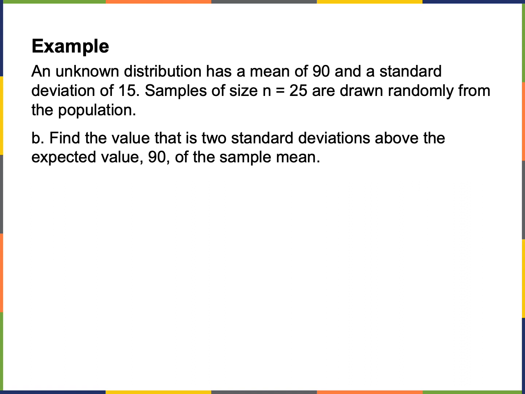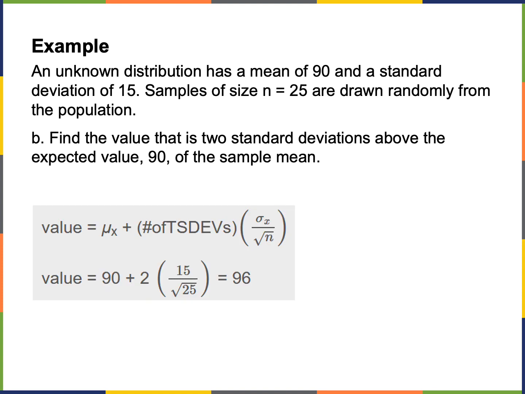So we're going to be using, usually we do the mean plus the number of standard deviations times whatever the standard deviation is. But in this case, because we're talking about sample means, our new standard deviation, you can think of it that way, is the original standard deviation divided by the square root of n.